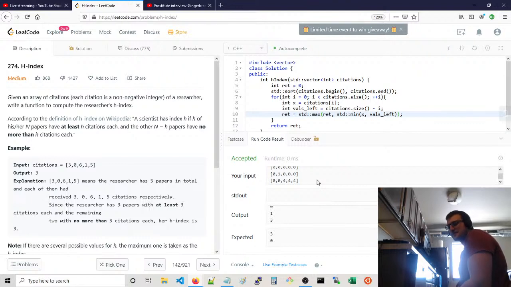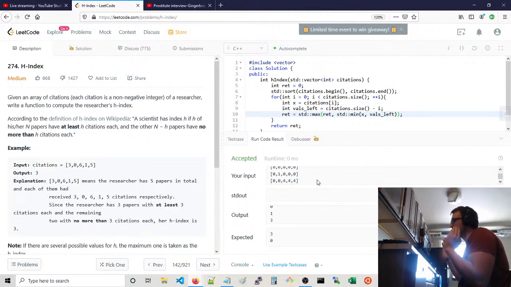Okay, it's confusing, but I took the minimum of x and the number of values left because I'm thinking if you get to a number and you have a certain number of values following that number, really it is the minimum of those two, because if this number is larger than the number of values left, then you can't do better than the number of values left at that point, because you won't have enough papers of the larger size.